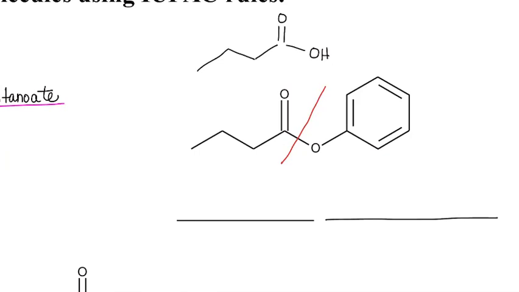Then this carboxylic acid was combined with the following alcohol to make this compound. So what is the first word in this name? When benzene is a substituent, what is that called? Great job, Gia. This is phenyl.